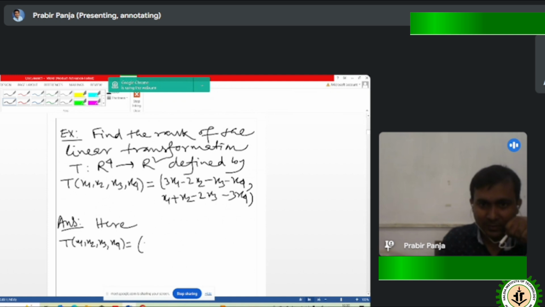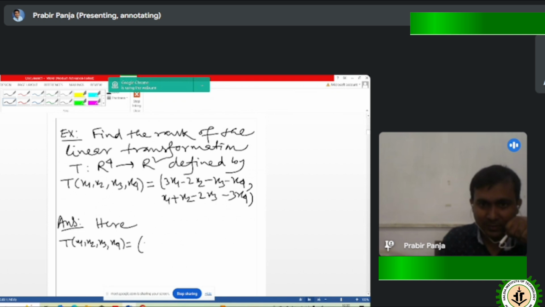If we take x1 common, we get 3, 1; for x2 it is minus 2, 1; for x3 it is minus 1, minus 2; and for x4 it is minus 1, minus 3.